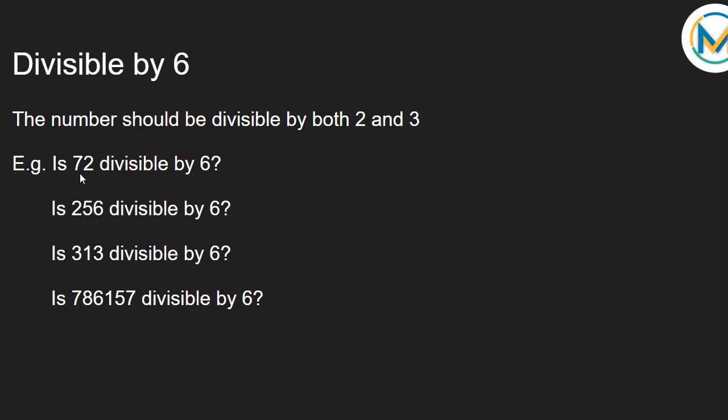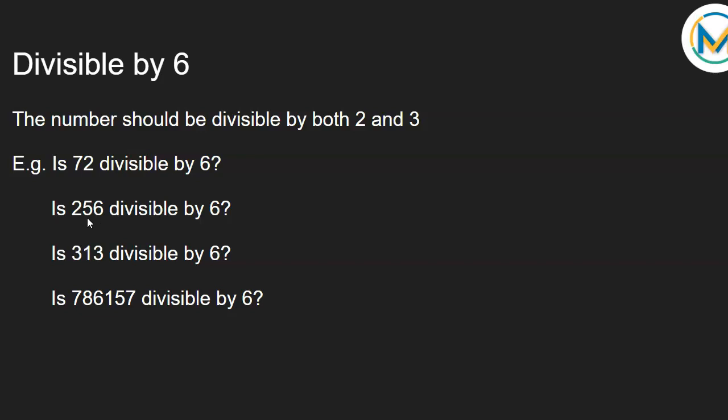Sum of the digits, 7 plus 2 is 9, 9 is divisible by 3, so 72 is divisible by 3. This number is divisible by both 2 as well as 3, hence it is divisible by 6.